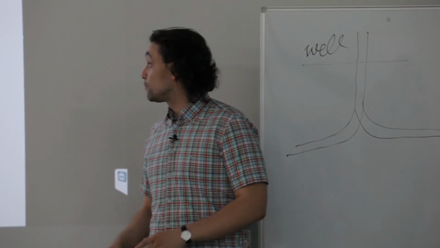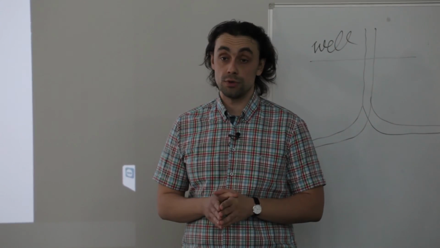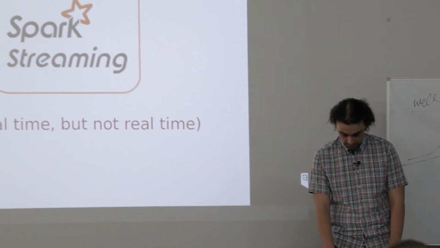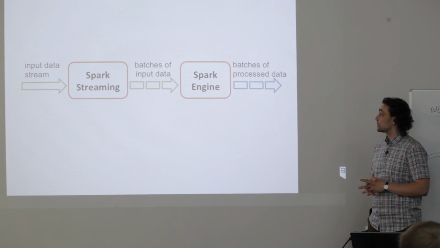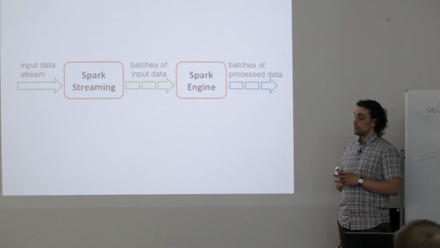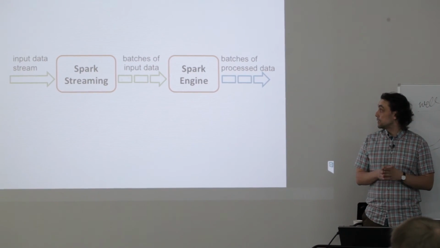When we're talking about Spark Streaming, this is not real time. This is near real time. In a few words, it consists of the idea of streaming: the input stream of data we split into small blocks.